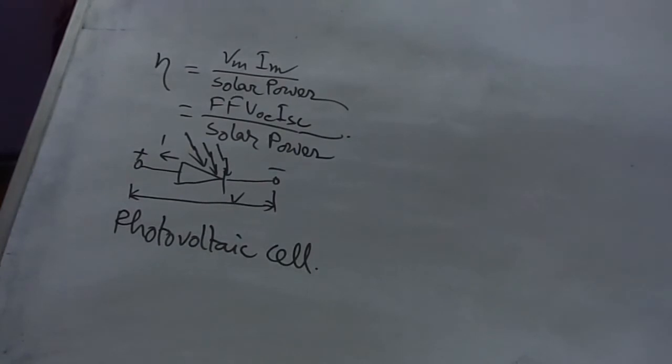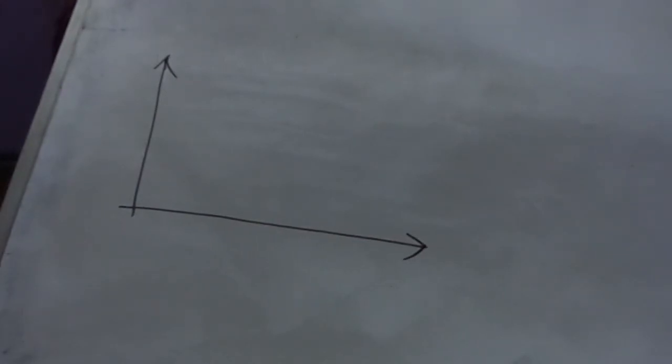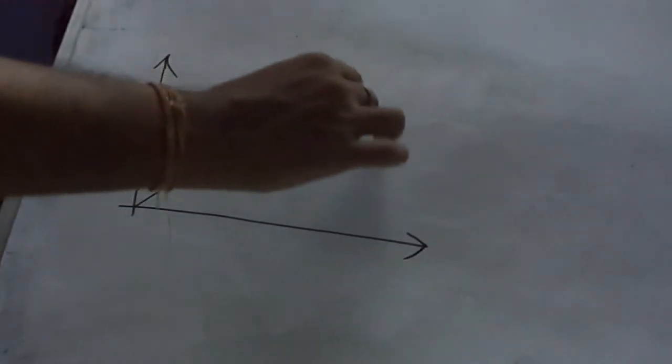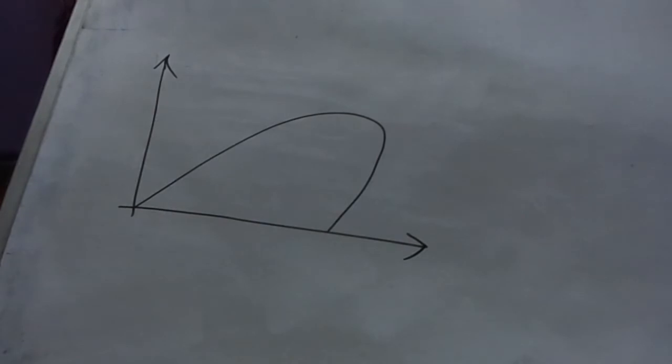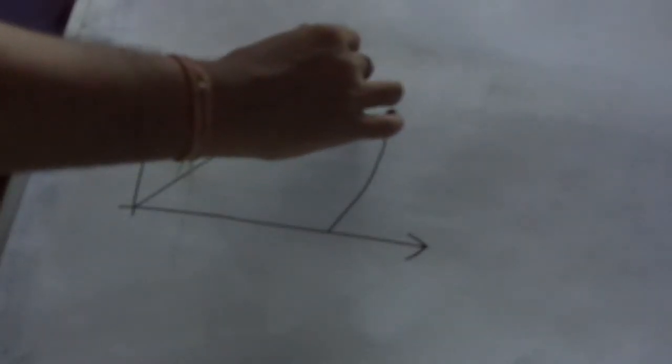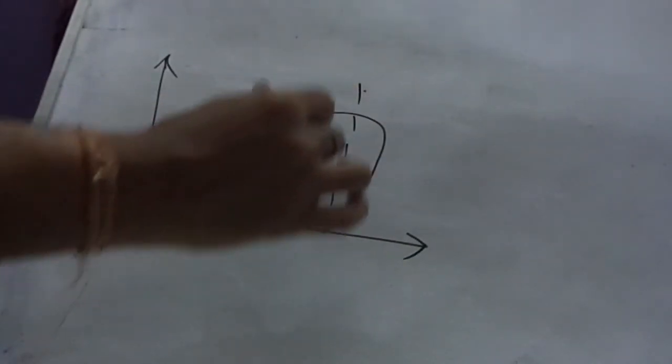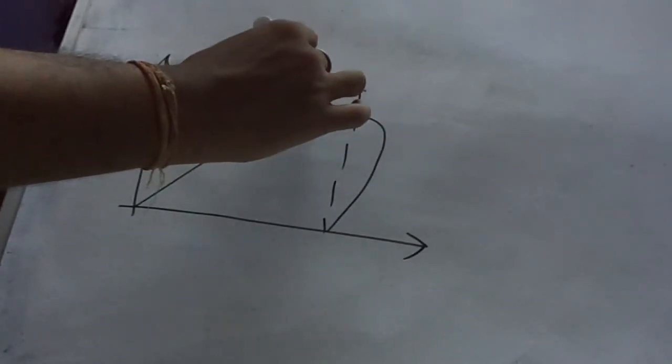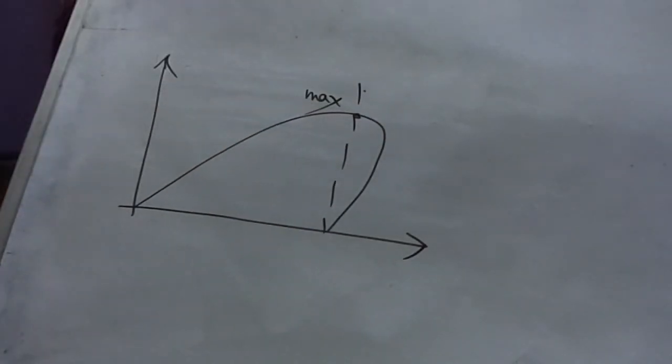Another one is the PV characteristics. If you draw the diagram of the PV characteristics, that is the maximum power point, PM.